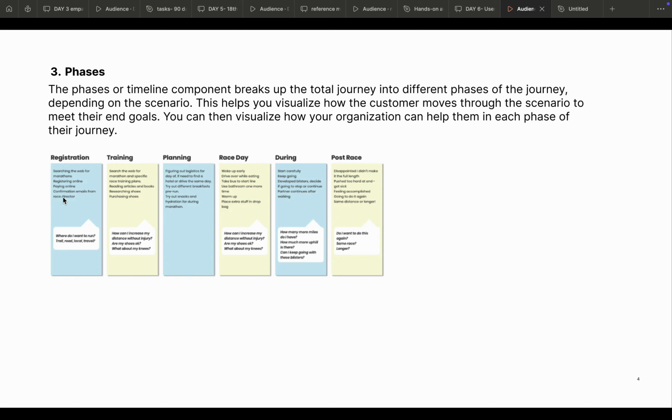And while they register, what they are thinking in their mind is where do I want to run. The location is not mentioned, so he's thinking where he needs to run. Is it going to be a trail, road, local, or something like travel? That is in his mind while he is trying to register.